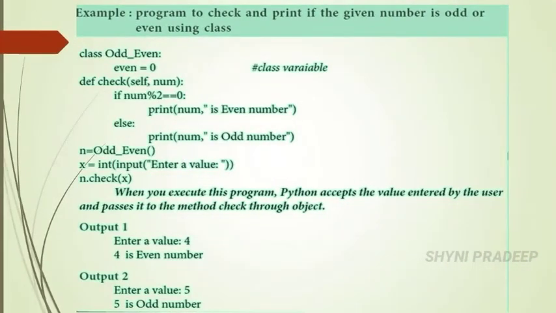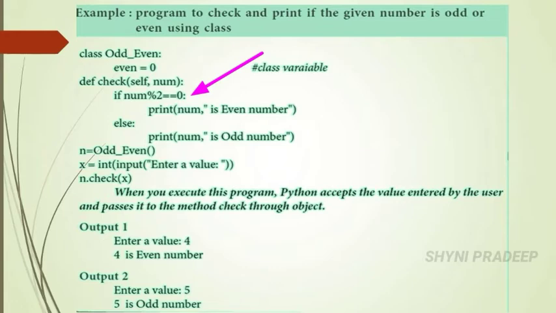Next example program is program to check and print if the given number is odd or even using class. Here odd even is the class name. Even is equal to 0. Even is the variable, its initial value is 0. Next def check self num. Here 2 arguments are given. What are they? Self and num. Next one, if condition is given, num percentage 2 is equal to 0.